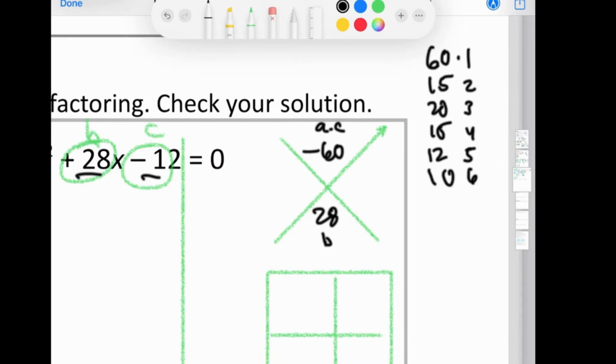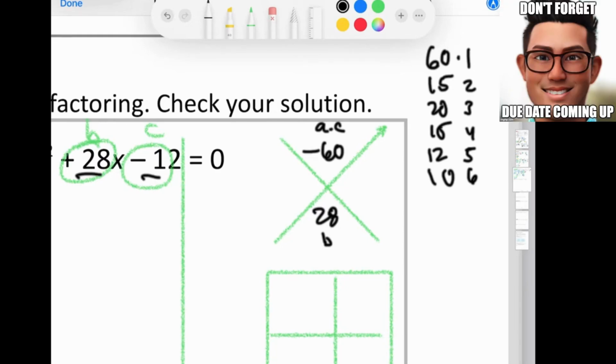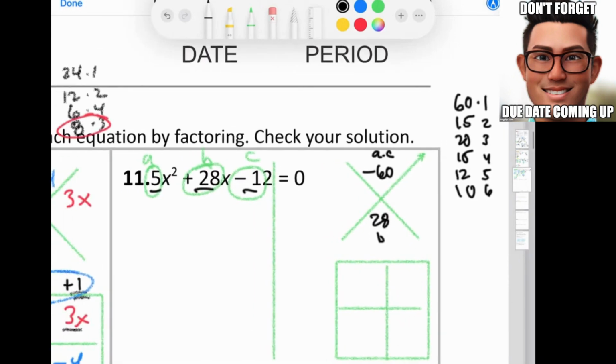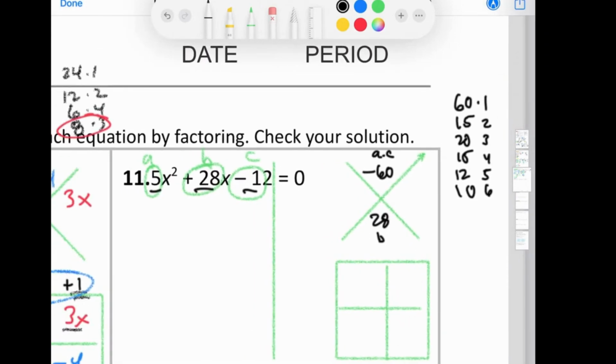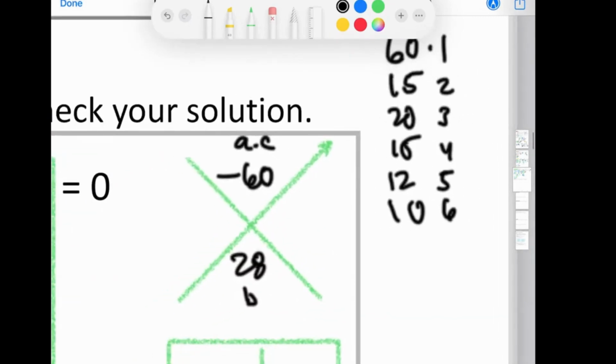Did we miss anything? I'm missing something.